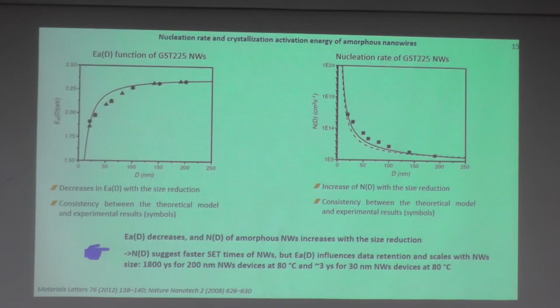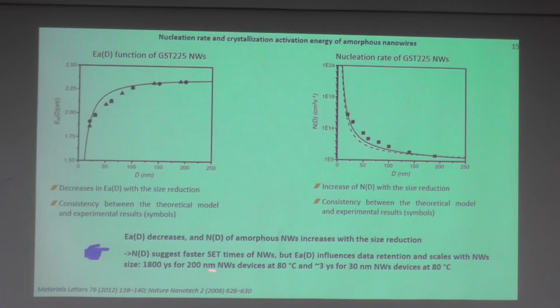So what we can learn from this, for example, from the nucleation rate, is that it suggests faster set times for nanowires, and the activation energy affects the data retention and scales with nanowire size.